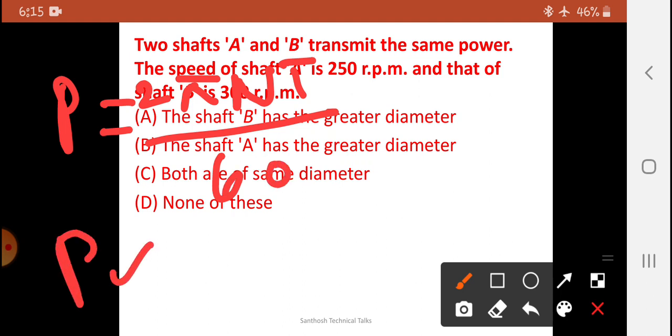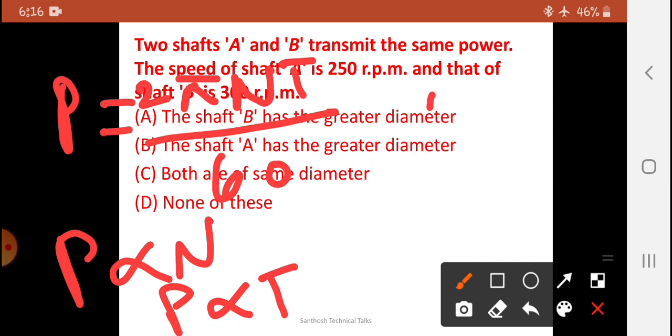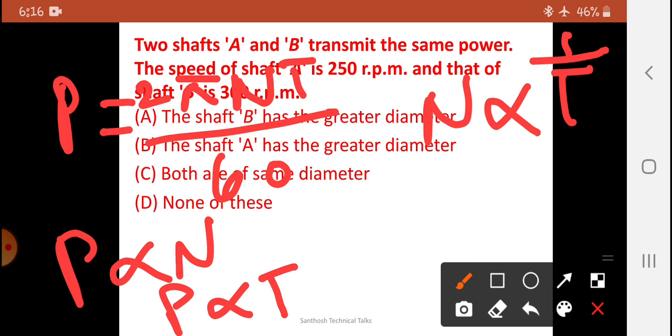Therefore P is directly proportional to N and to T, but N and T are inversely proportional. If the speed increases, the torque reduces.